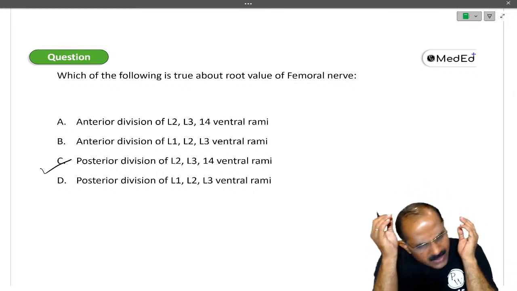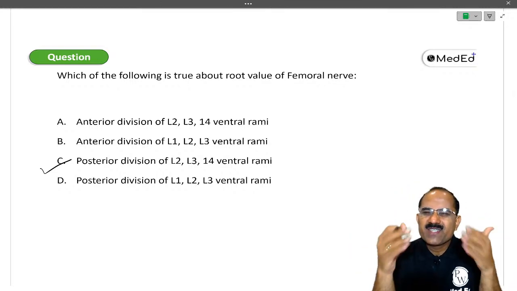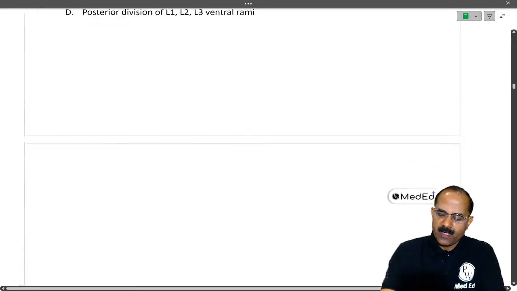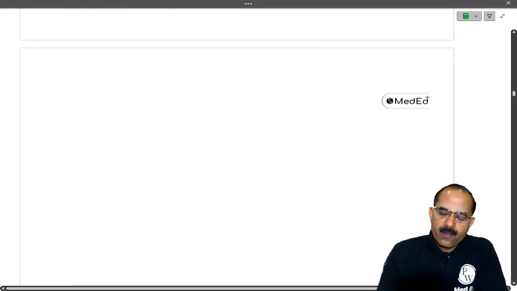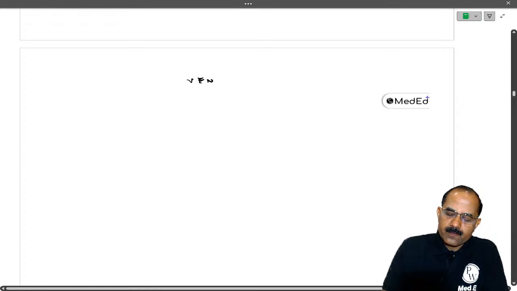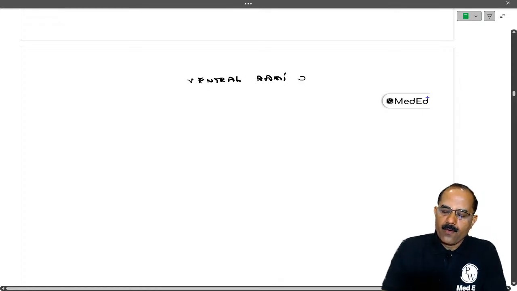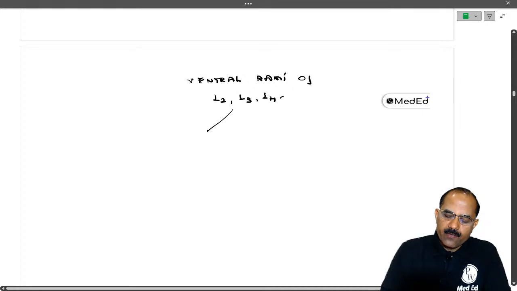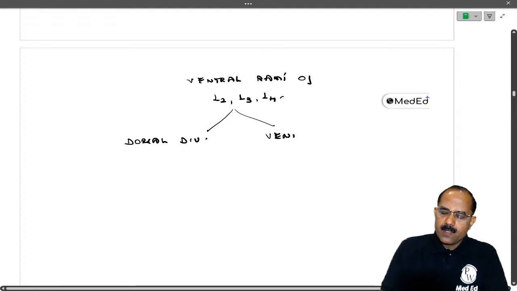देखो बच्चों, any nerve, how is it formed? By the ventral ramus. Okay, I'll just make you one very easy way. Ventral rami of L2, L3, L4 divides into a dorsal division and a ventral division.